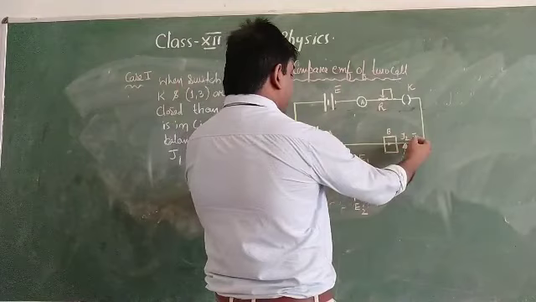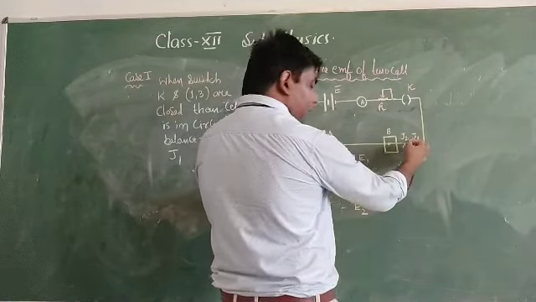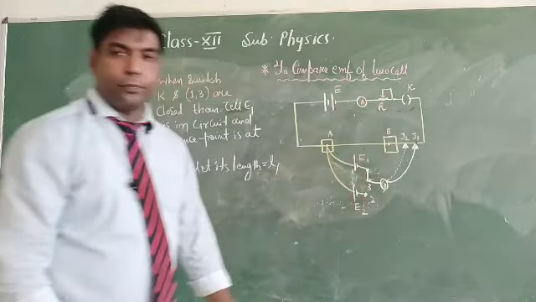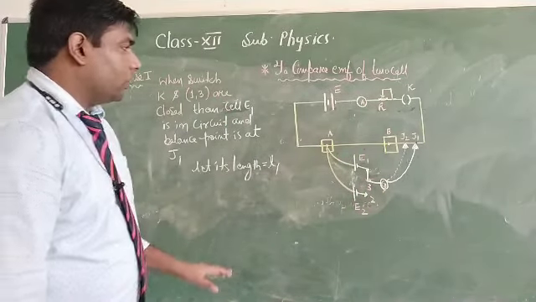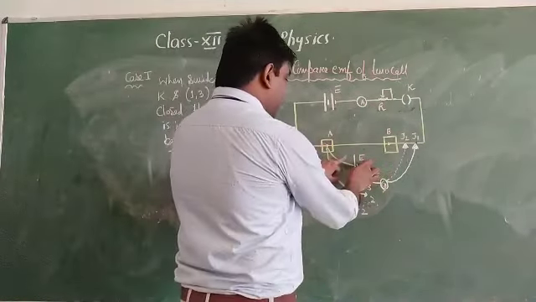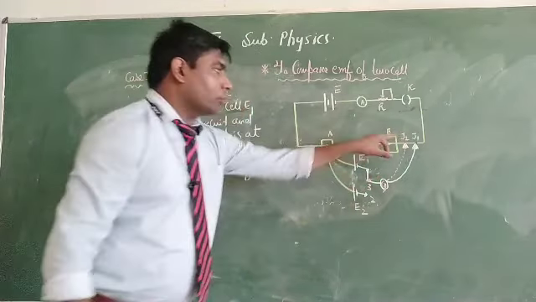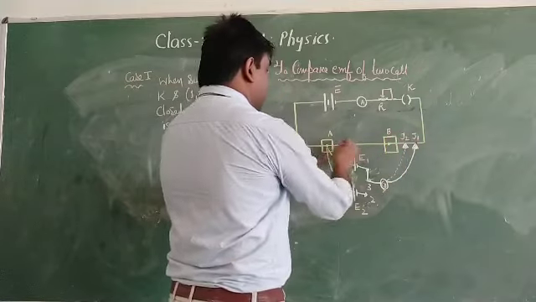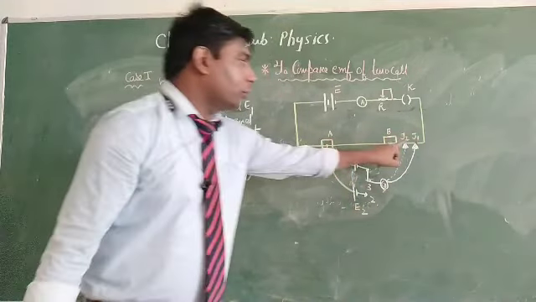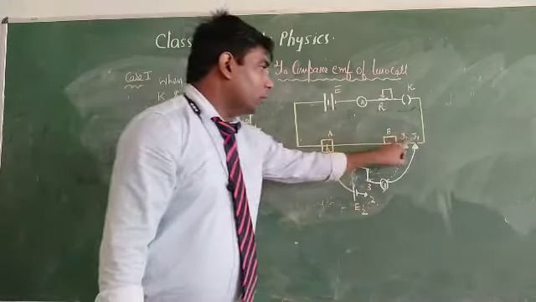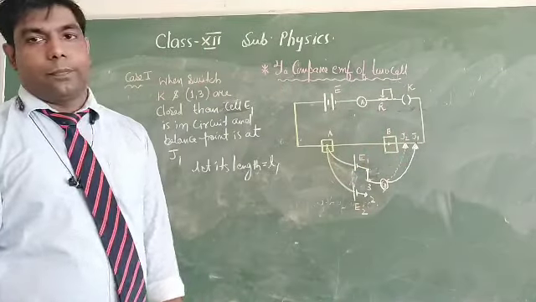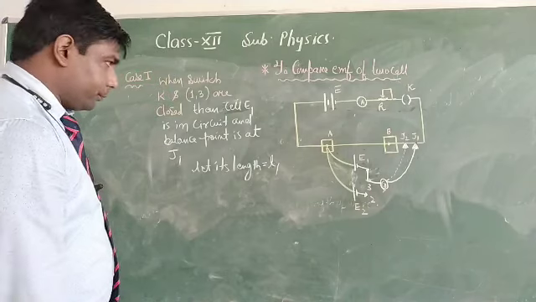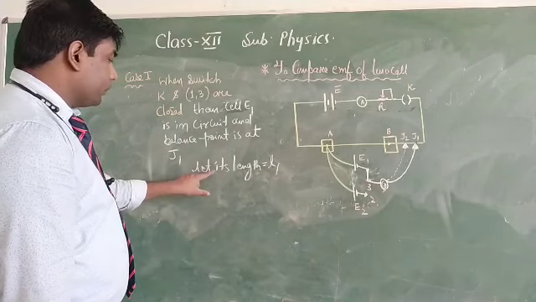If this is the balance point, then the potential across this length is equal to the potential of cell E1. That is, E1 is proportional to the length of this wire. Let us consider the length at this position, A to J1, as L1.